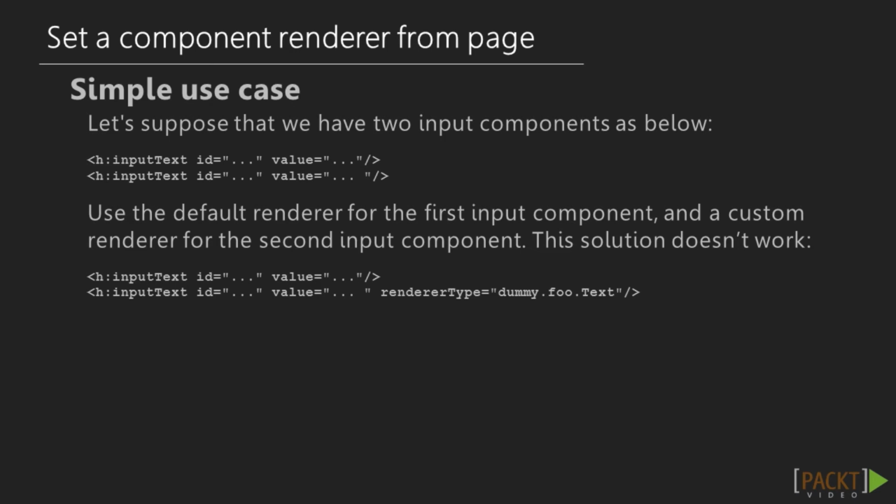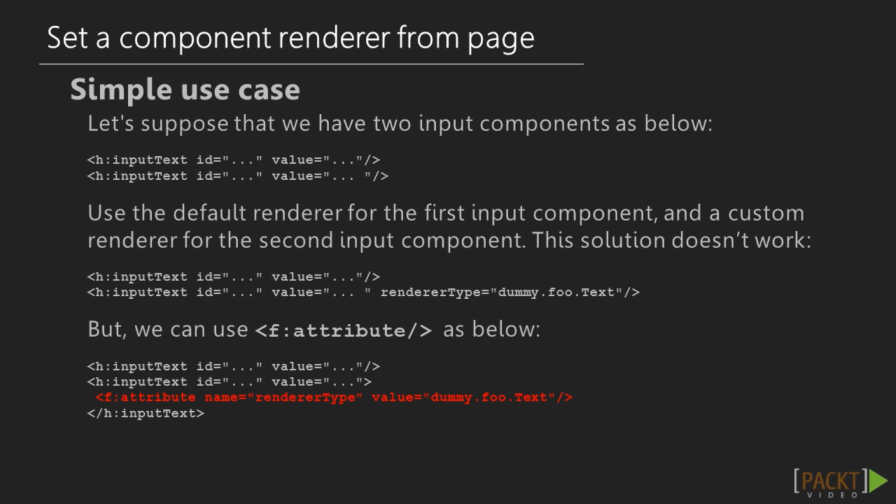Well, we can try to use the rendererType attribute, but you will notice that this doesn't work. Actually, this is expected to work someday, most probably when it will be listed in the taglib file which the tooling depends on. But we can alternatively use f:attribute for this task. Simply nest the f:attribute in the second input component and set the rendererType attribute like this.